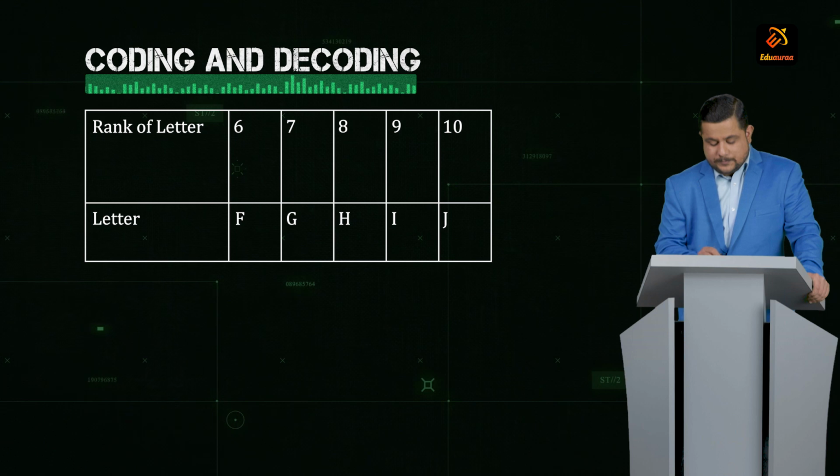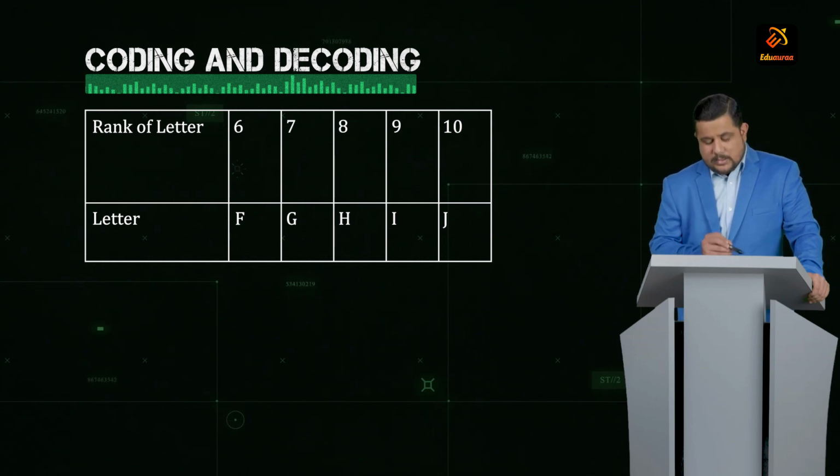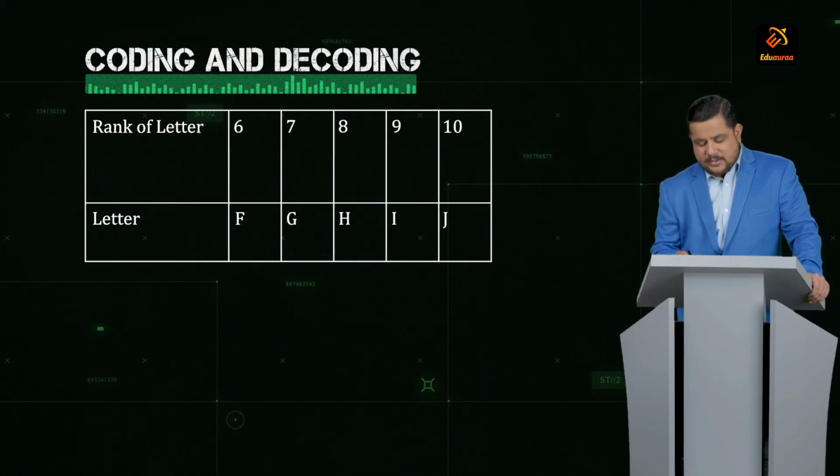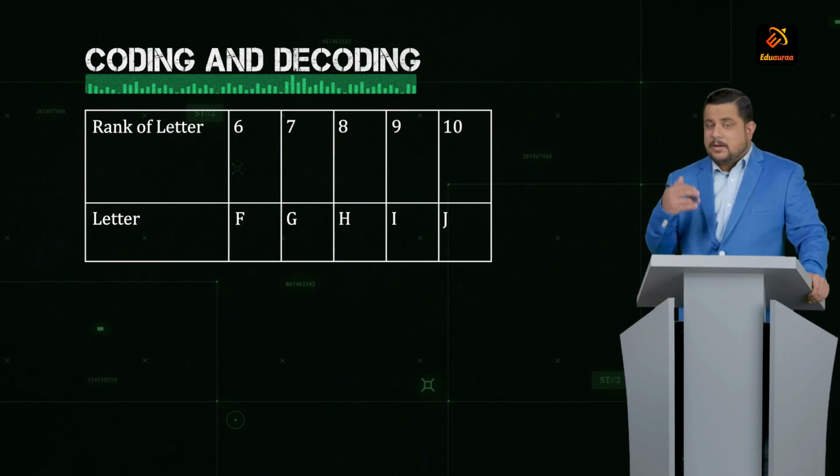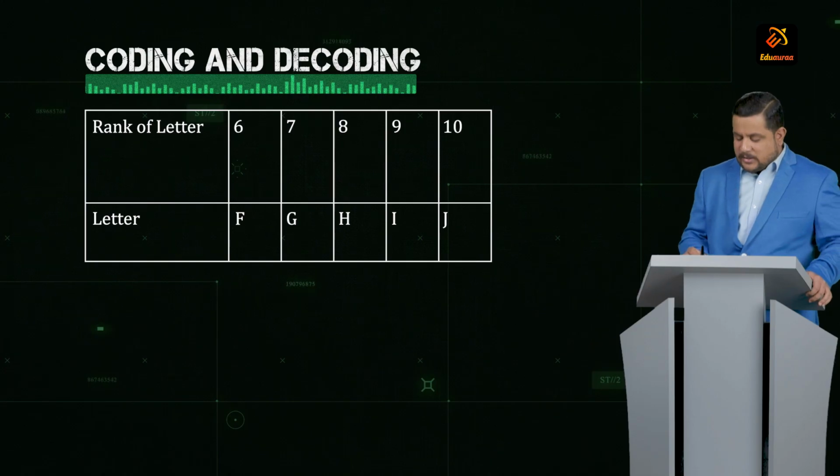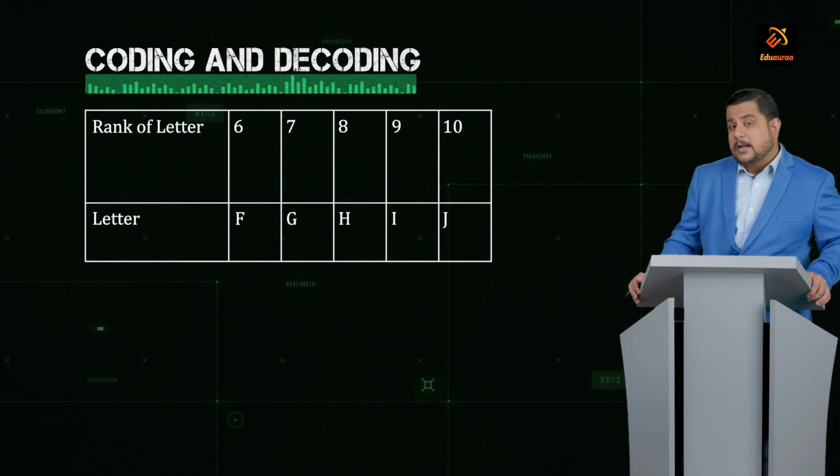Now, after H, which letter will come? I. In I, you can easily remember the small i. When we make the small i, look at this. If we remove the bottom right part of small i, then it will look like 9, or not?